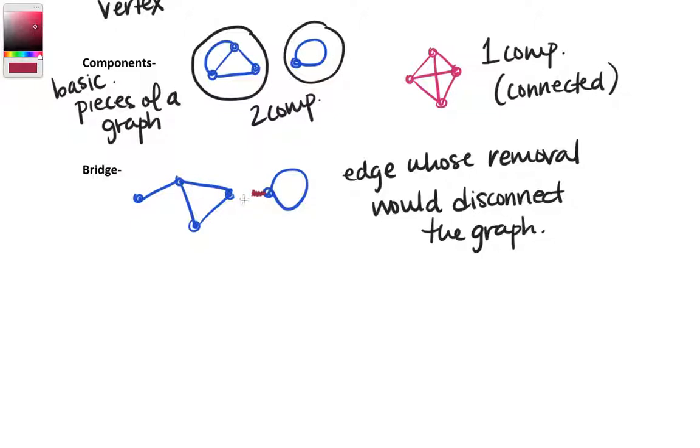If we erase that edge, we've got 2 totally separate pieces. So that is a bridge. And we've got another bridge over here, because we're erasing only the edge, not the vertex. If we erased this edge, we'd have 1 component that's the single vertex and 1 component that's the rest of the graph. So both of these are bridges. And that is it for today.